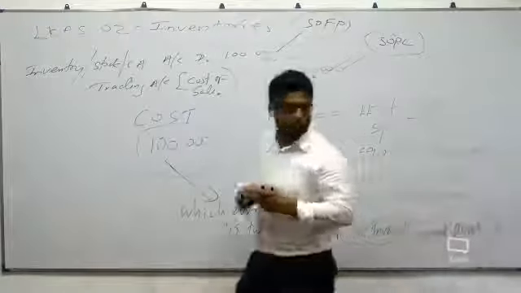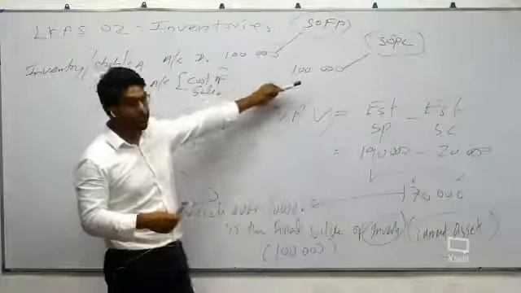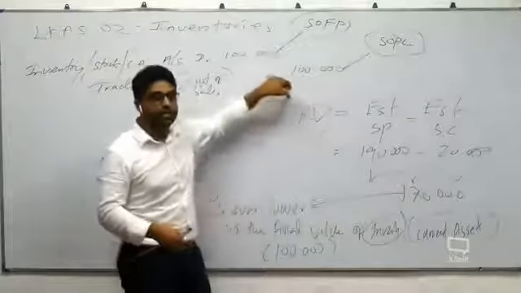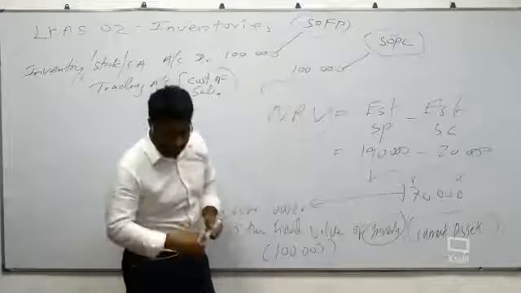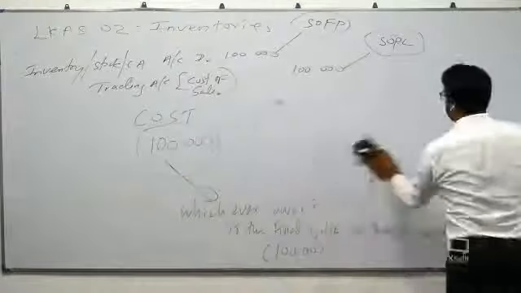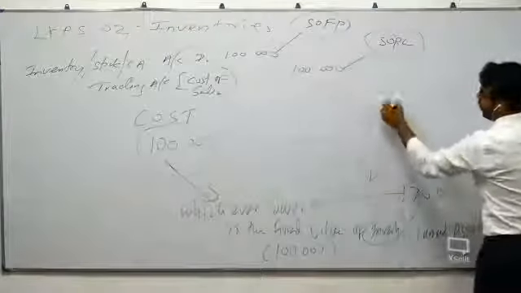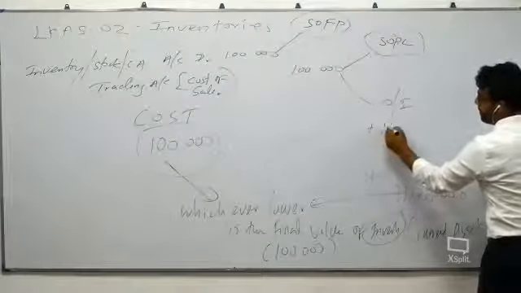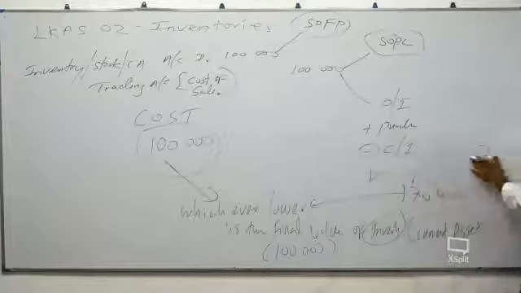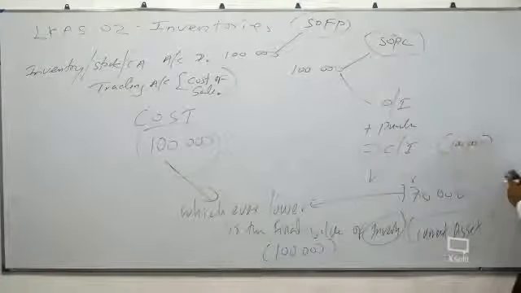Please write it down in two places: profit or loss and cost of sales calculation. Closing stock 100. Opening inventory plus purchases minus closing inventory. So this closing inventory is 100. Okay?